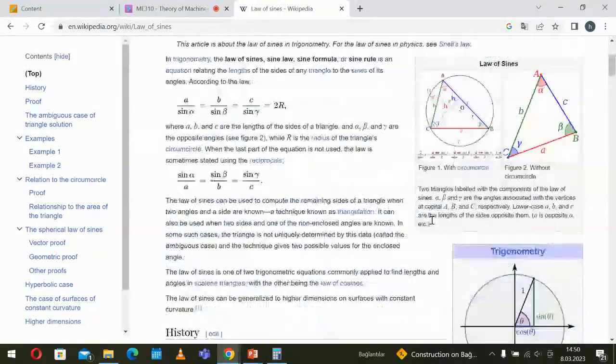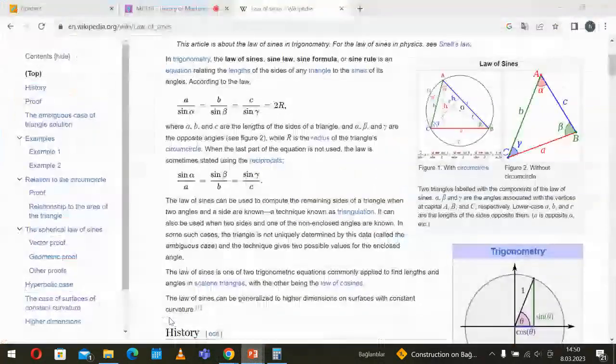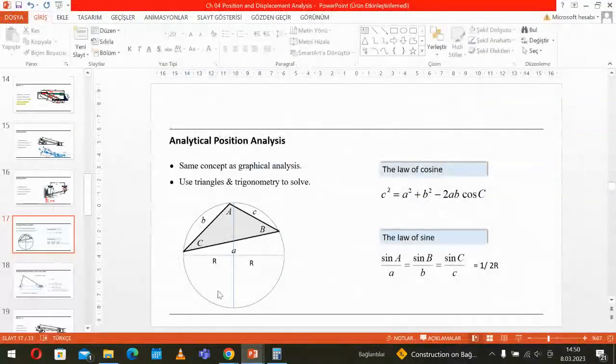So it's okay, and this is the correct one. This is the radius here. It was a mistake, so I needed to correct it like this.